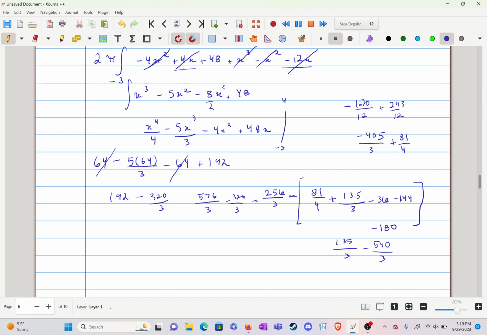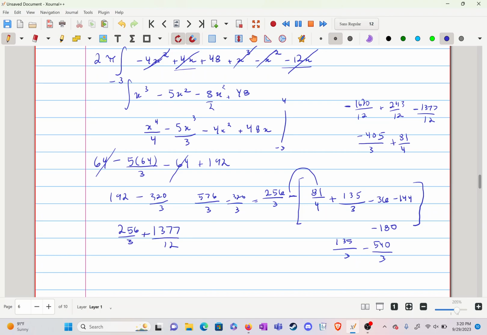So we have 1620 minus 243. So it's 1377 over 12, negative, but you're going to make that positive because of that negative sign out here.